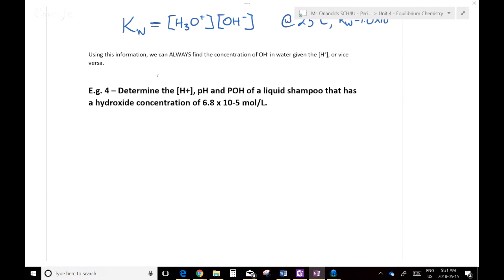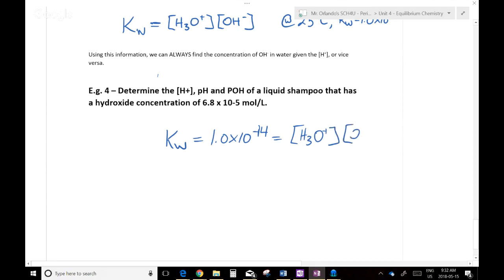So if we know the pH or the concentration of H3O+, we can figure out what water's OH- concentration will be to balance it out. And it's as easy as using the Kw. Kw equals 1.0 times 10 to the negative 14, and it equals the concentration of H3O+ times the concentration of OH-. That's always true.